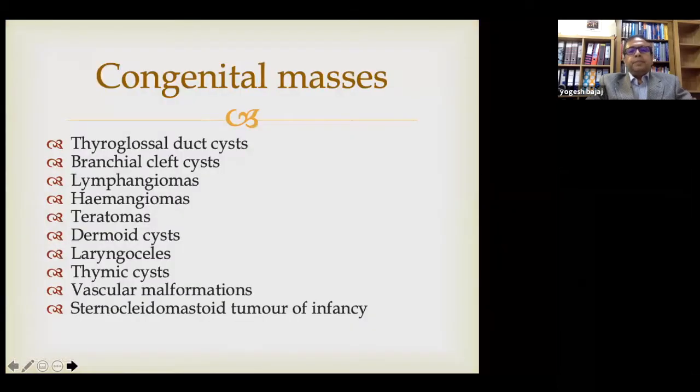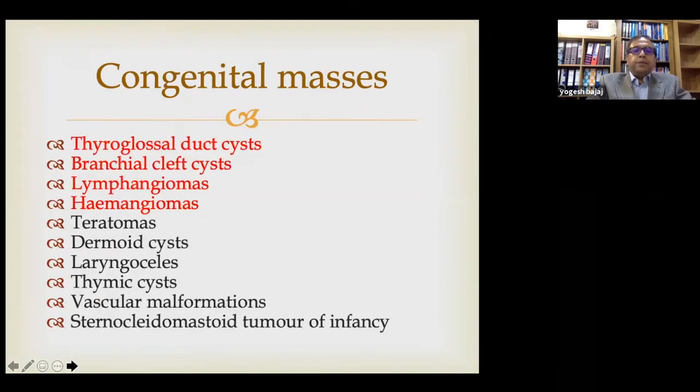There's a long list of congenital masses that present in the clinics, but I'll be mainly focusing on the top four because those are the more common ones: thyroglossal cysts, branchial cleft cysts, lymphangiomas, haemangiomas, and I'll skim through the rest.